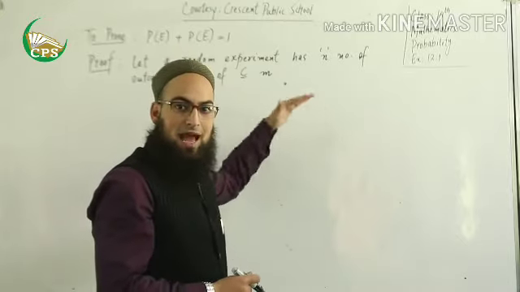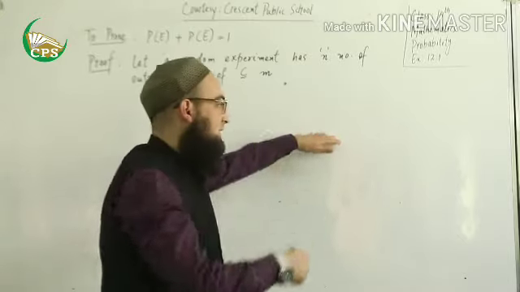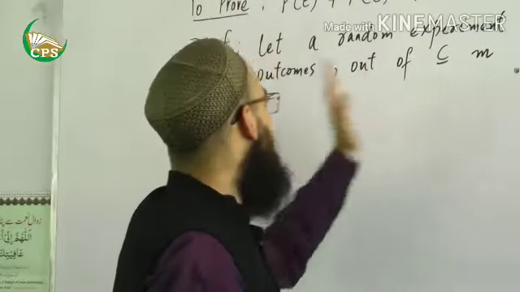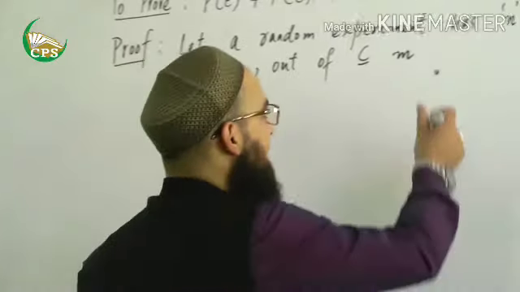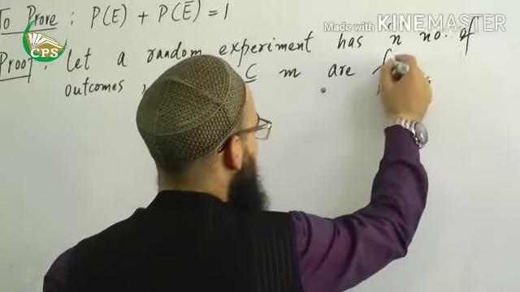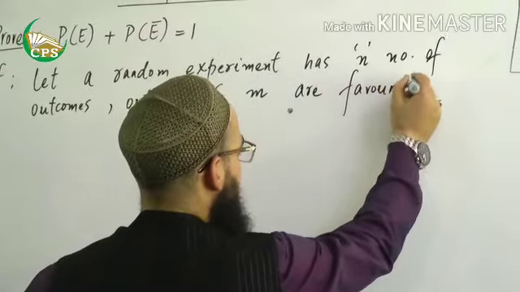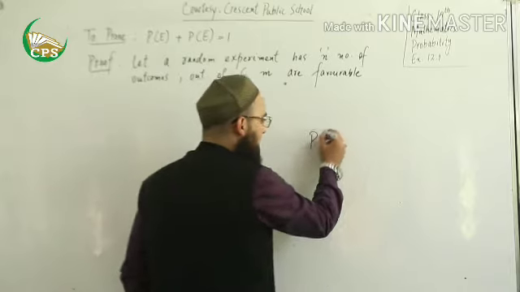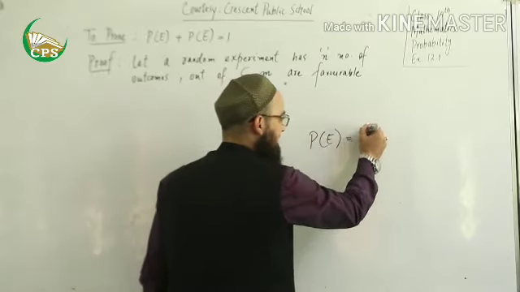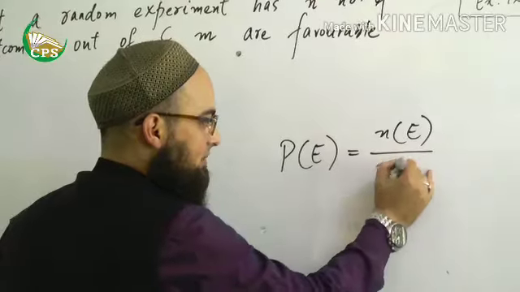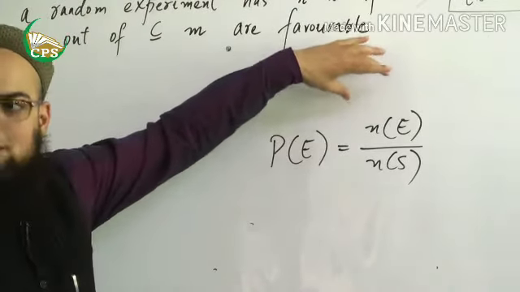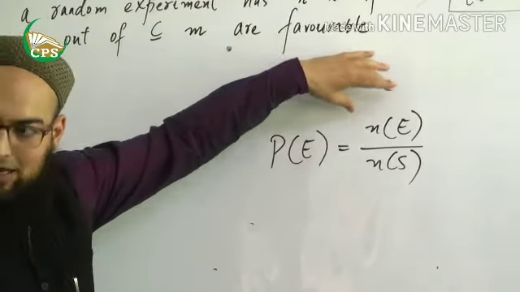We denote that by probability of E is equal to number of E divided by number of S. That means there are some number of outcomes in the event and the total number of outcomes in the sample space.